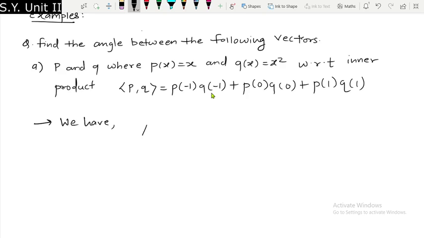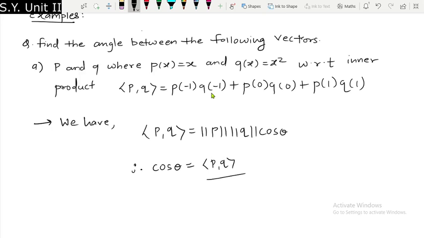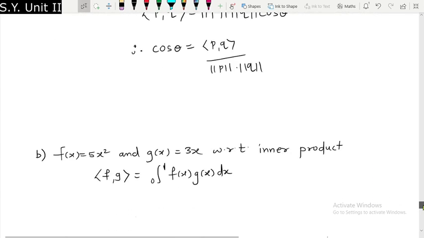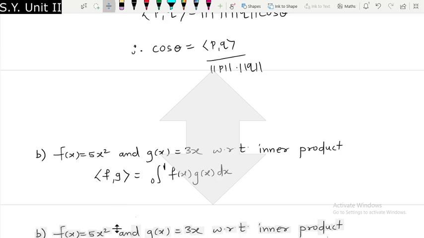We have inner product of p with q is equal to norm of p multiplied by norm of q multiplied by cos theta, where theta is the angle between p and q. Therefore my cos theta will be inner product of p with q upon norm of p multiplied by norm of q. First we will find the numerator, that is inner product of p with q, and later we will go to the denominator, that is norm of p and norm of q.